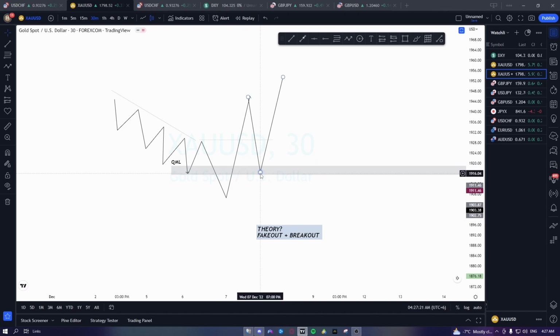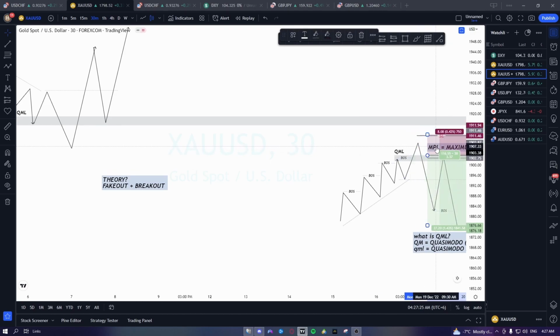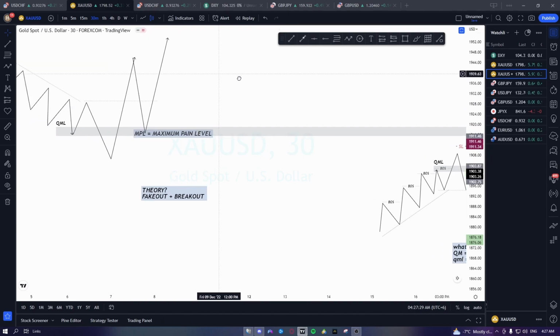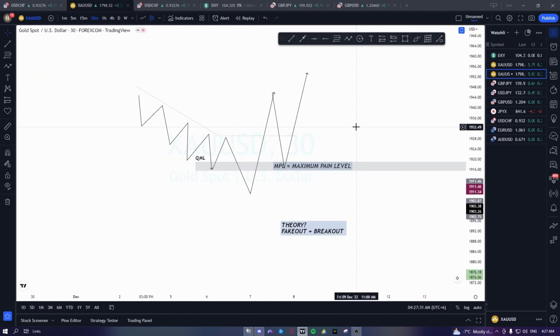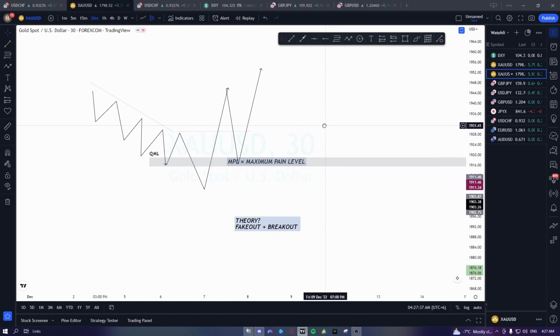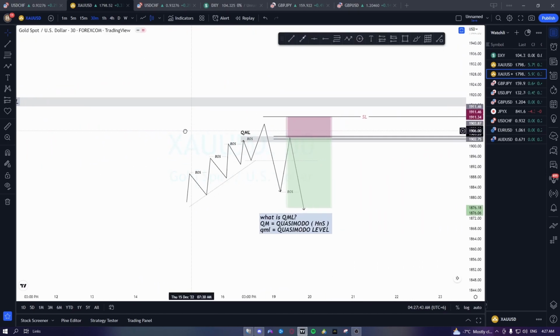So again, the entry, where do you enter for buys? On the right shoulder, which is the MPL, this thing here. This is the MPL. This is where you want to enter. Basic QM level. Now that we know the chart pattern of it, definitely keep it in mind.